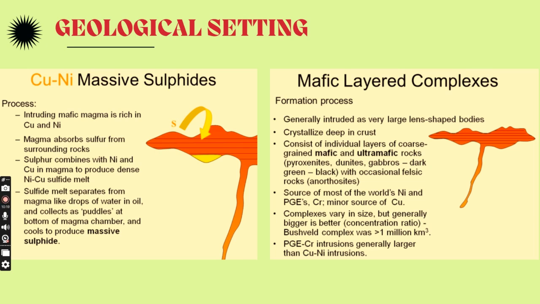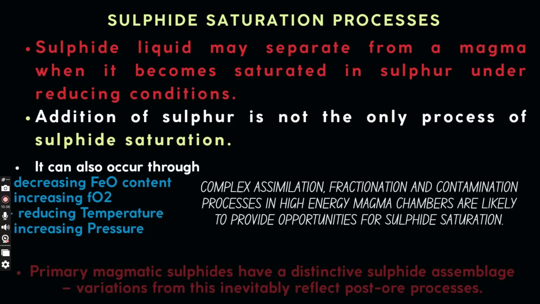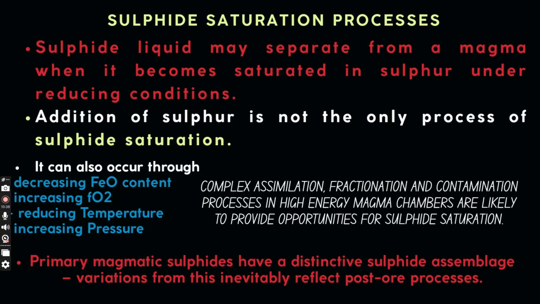So the sulfide melt separates from the magma like a drop of water in oil. And it goes below, since being heavy, copper, nickel and platinum group elements, platinum, palladium, these kinds of elements will be associated with it and will automatically, preferentially go down.